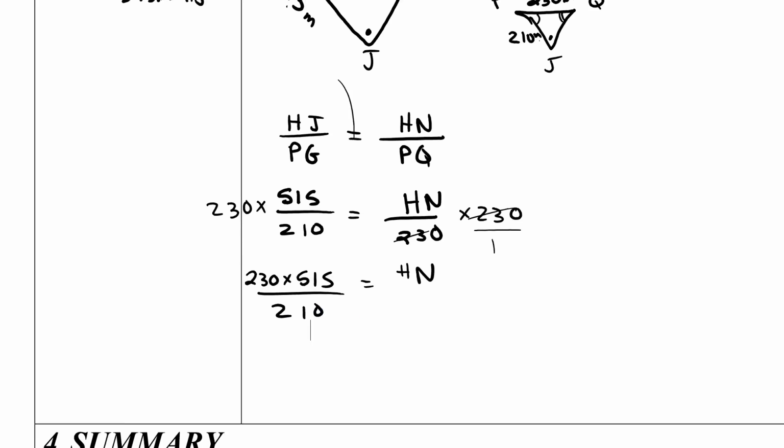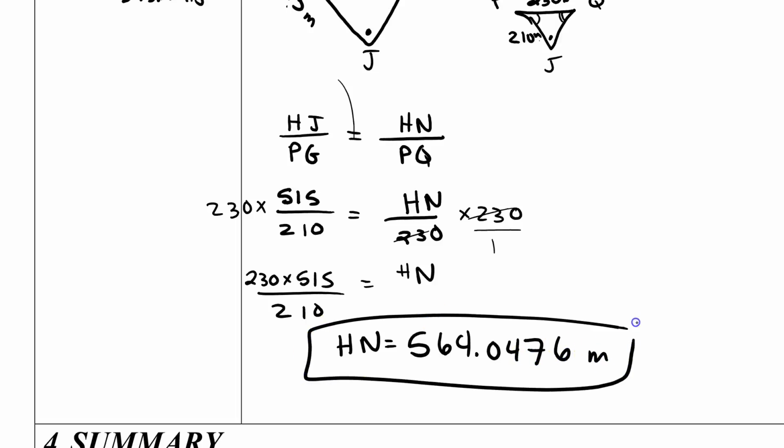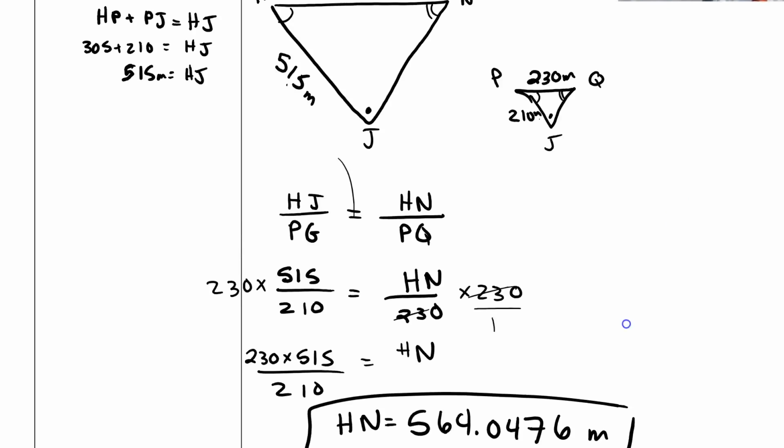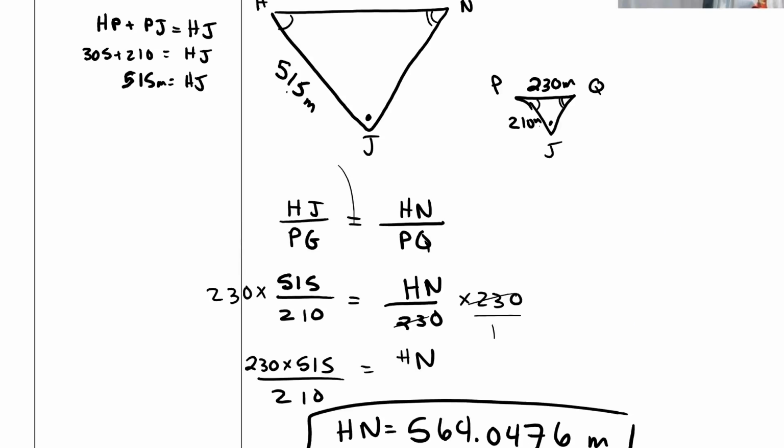So that means that HN equals approximately, when you go 230 times 515 divided by 210, 564.0476 meters. So since they're similar triangles, I can say that if this guy right here is 230, I know that this guy right here is going to be 564.